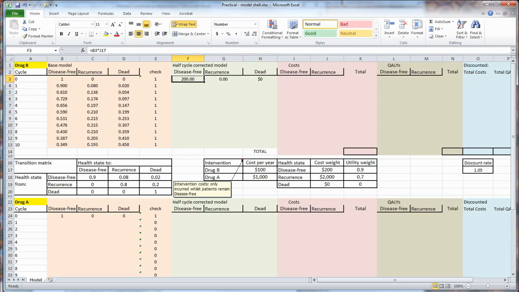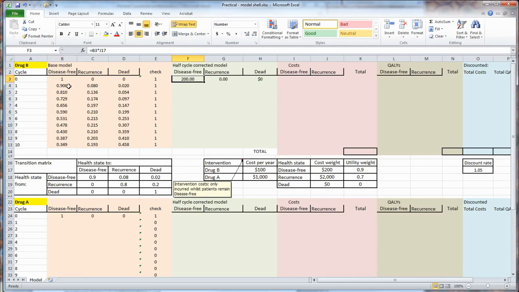But what does that imply? That implies that the people who moved from disease-free to recurrence, or moved out of the disease-free state during that first cycle, did so right at the end, on the final minute of that cycle. So all patients incurred $200 worth of costs during that first cycle.